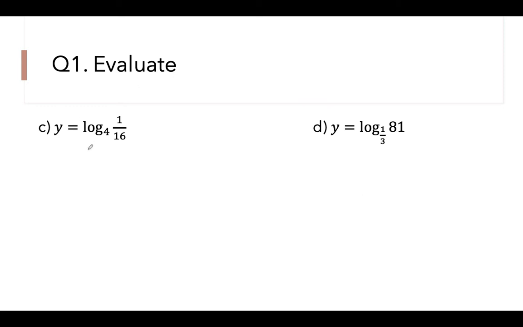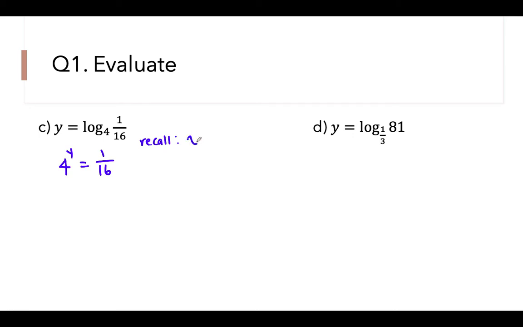Y is equal to log base 4 of 1 over 16. It's the same thing. I want you to always identify the base first, so 4 to the y is equal to 1 over 16. Recall that since we are given a fraction, let's make it into a base, not a fraction.